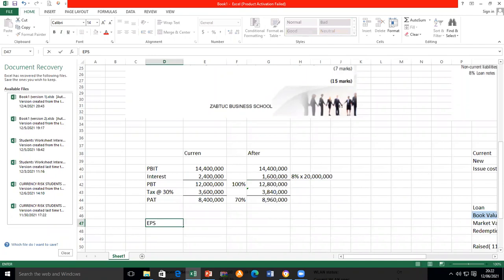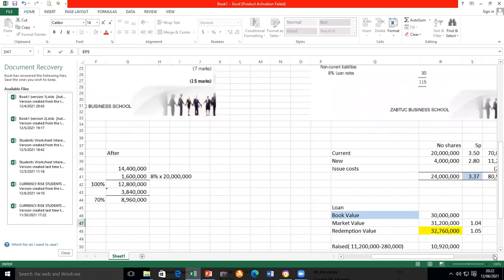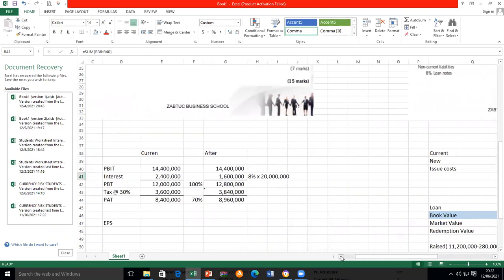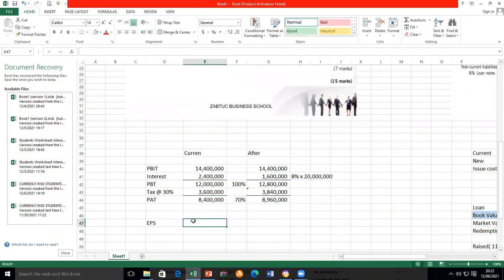You have done your computation, which was properly done. How many shares do we have now? 24 million. So you have got now your 8,960 divided by 24. So what is your earnings per share?